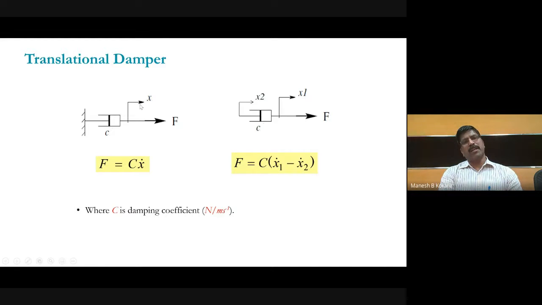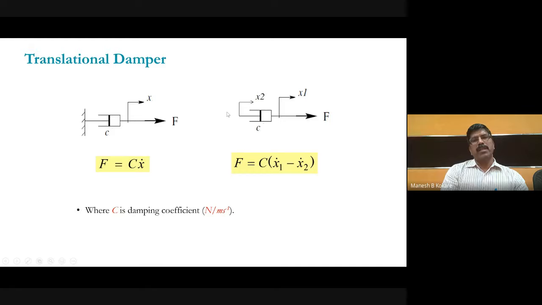If that displacement is x, then the force and displacement relation is F equals C into x dot, where C is the coefficient of the dashpot or damper. x dot is the derivative of displacement, which is the velocity. So in case of a dashpot or damper, force is directly proportional to the velocity. We studied that yesterday.